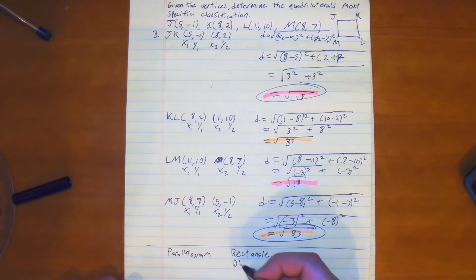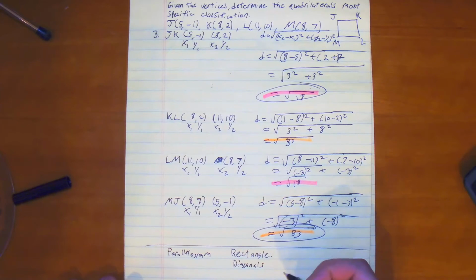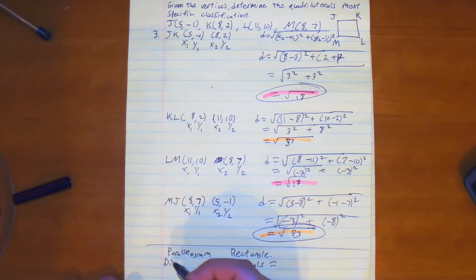Rectangle, the diagonals are what? The diagonals are equal. In a parallelogram, the diagonals are not equal.